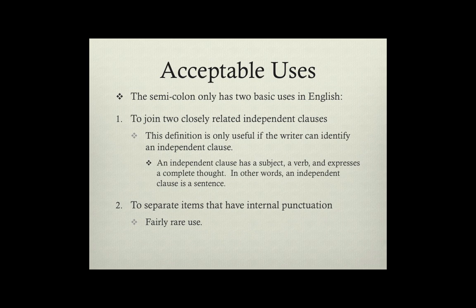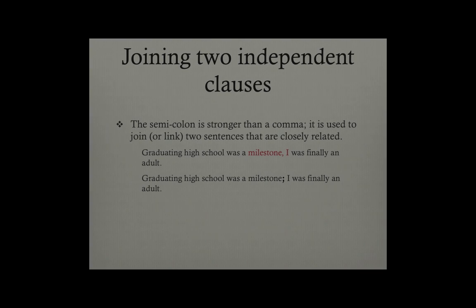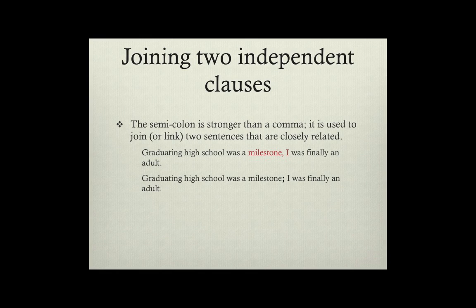And I'll show you some examples of that. And this is a fairly rare application or use of the semicolon. So basically that's good news, because that means that there's only really one time when you ever need to use a semicolon. Okay, so let's look at how to use a semicolon when we're joining two independent clauses together.